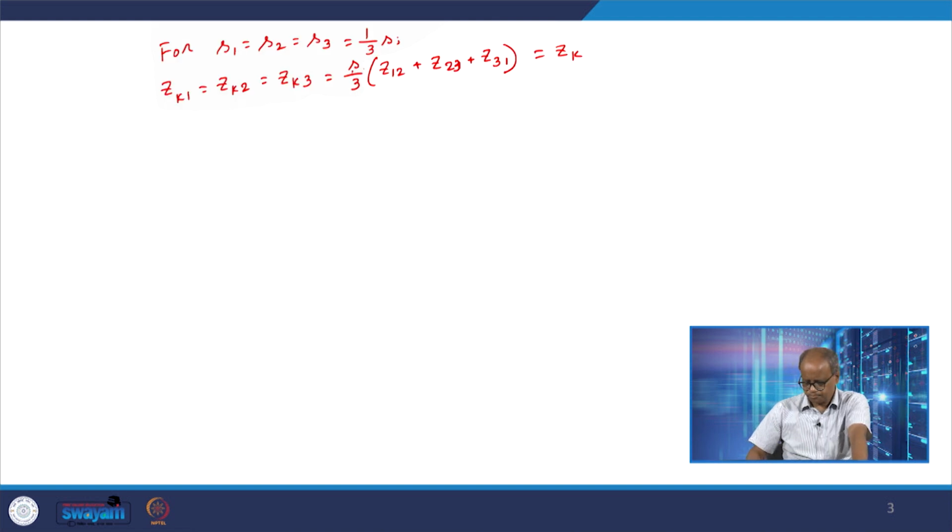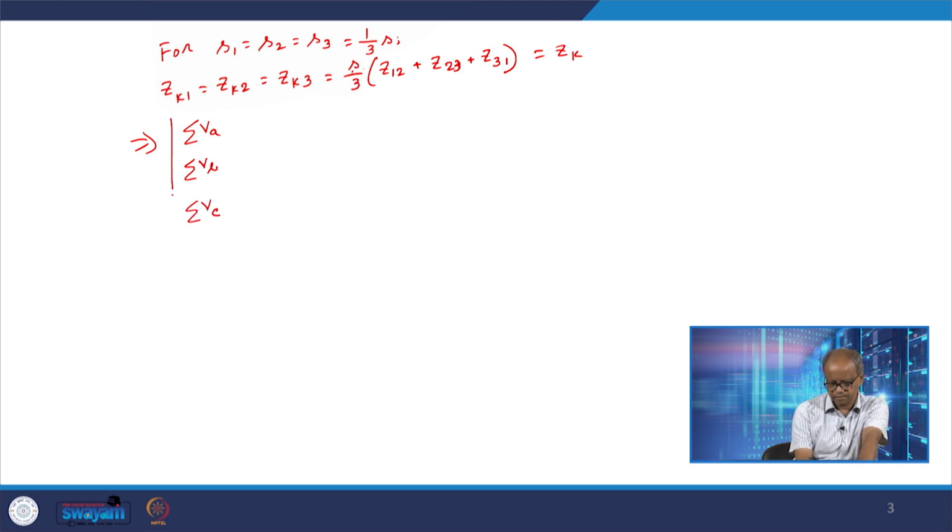So then therefore, my equation becomes delta V A summation V is equal to S Zs, Zk, Zk, Zk, Zk.